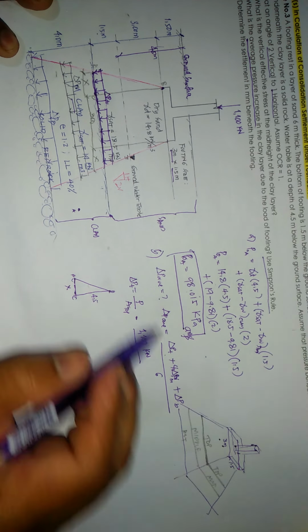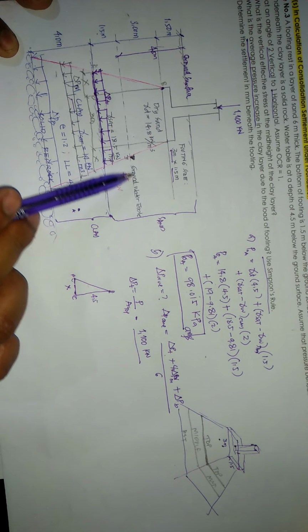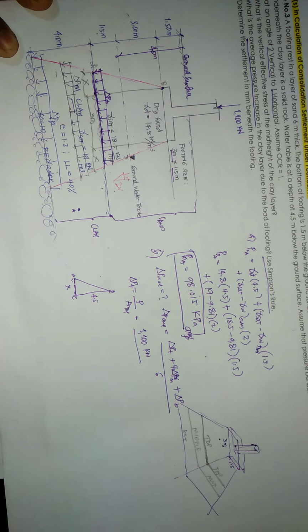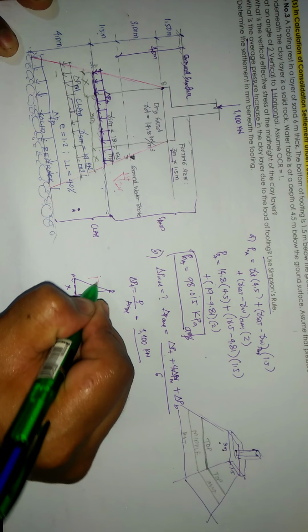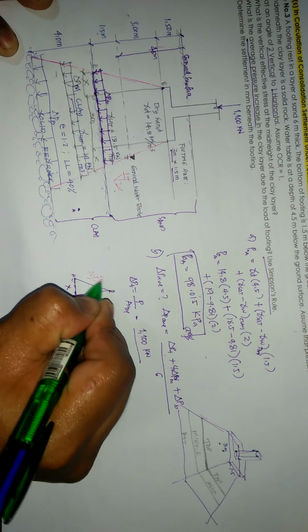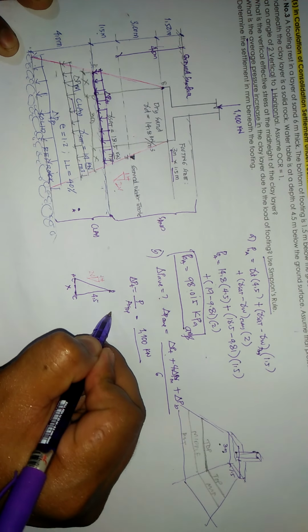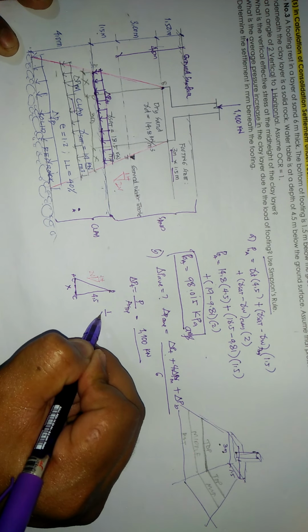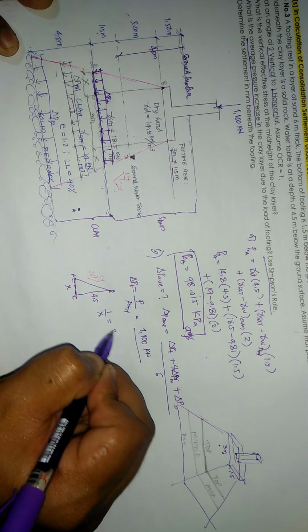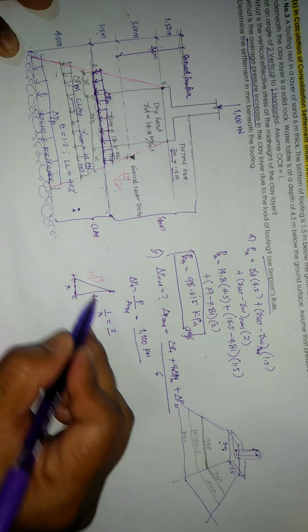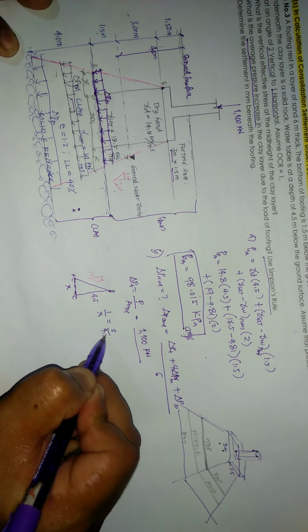And then, solving for your x here using the 2 vertical, 1 horizontal, ibig sabihin, 1 is to x is to 2 is to 4.5.